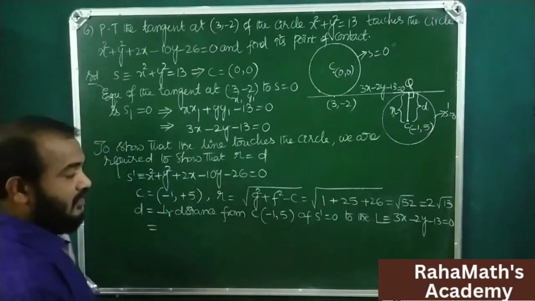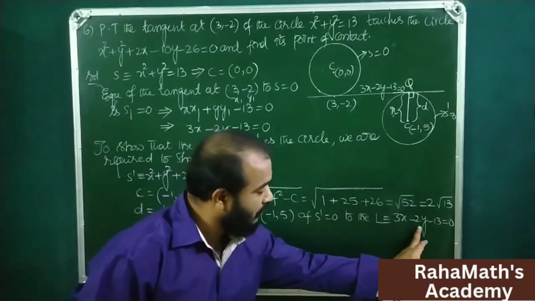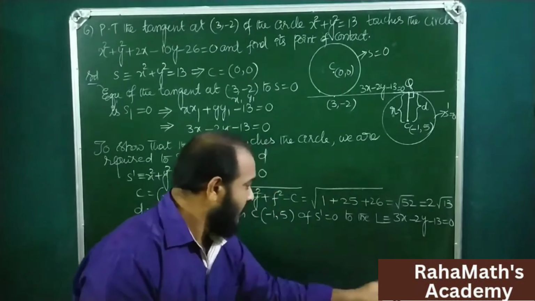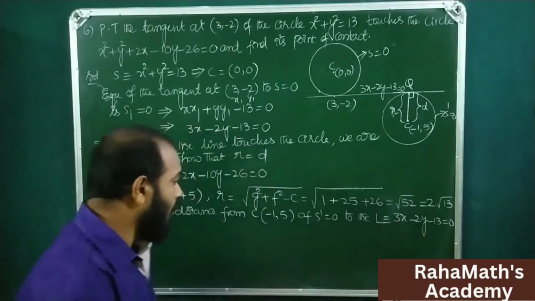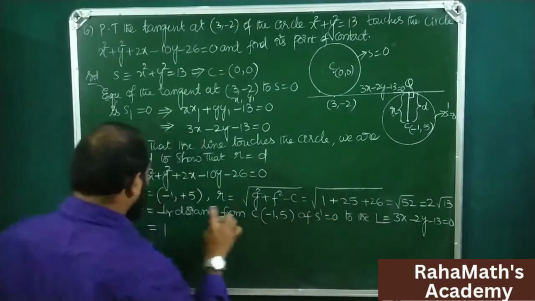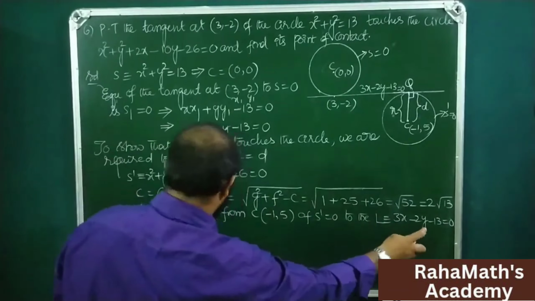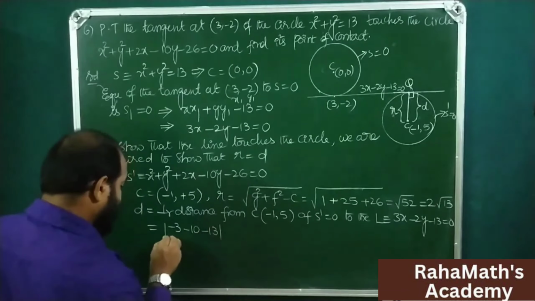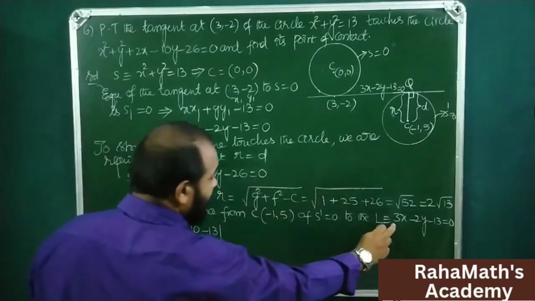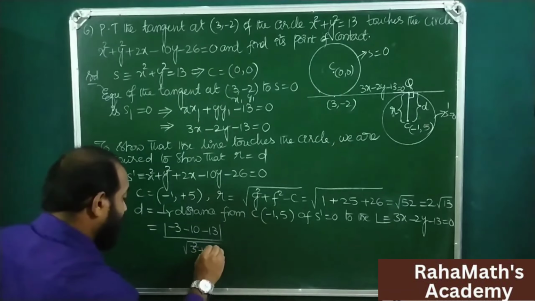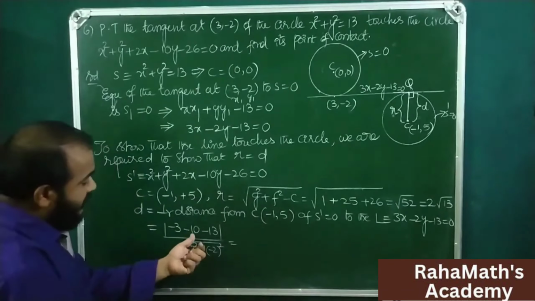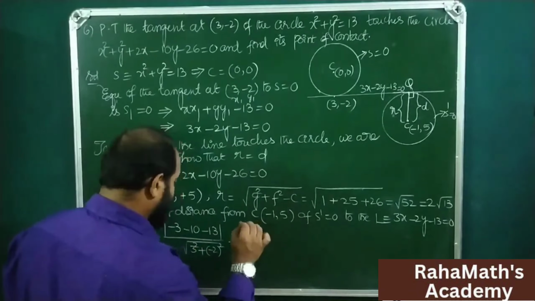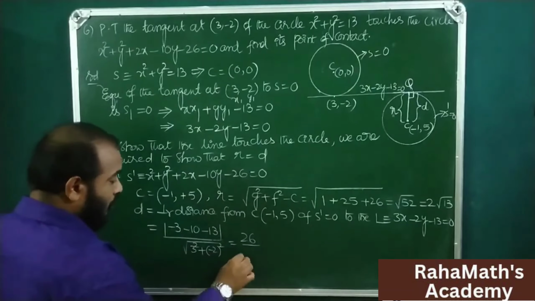The perpendicular distance formula from (x1, y1) to the line ax + by + c = 0 is the modulus of (ax1 + by1 + c) divided by the square root of (a squared plus b squared). So the modulus of 3 into -1 minus 3, minus 2 into 5 minus 10, minus 13, divided by the square root of 3 squared plus (-2) squared. That is minus 10 minus 13 minus 26, modulus means 26, divided by root 13.